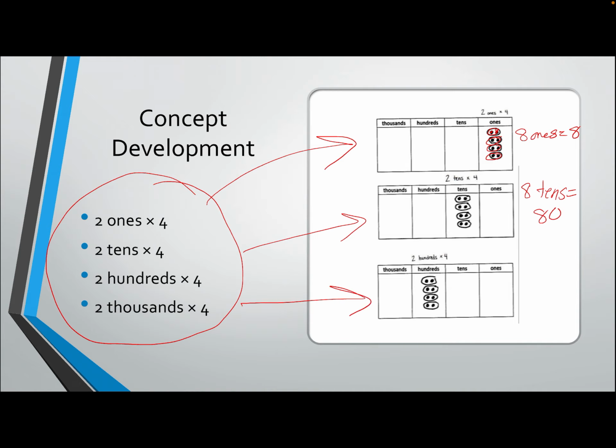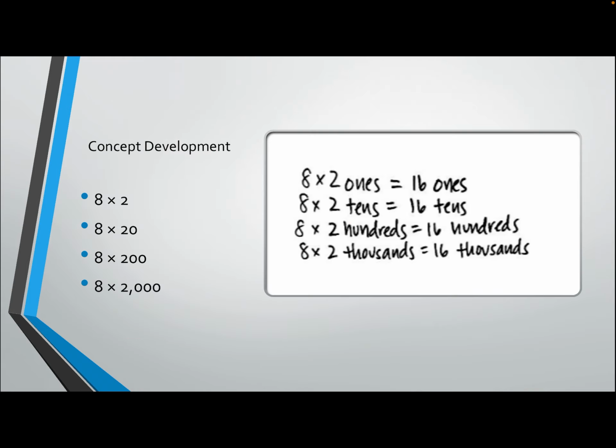So your final answer will be 8 hundreds, which is equivalent to 800. So whenever you see problems like this on your problem set, exit tickets, FSA, they're just wanting you to find the final answer in terms of using a place value chart.